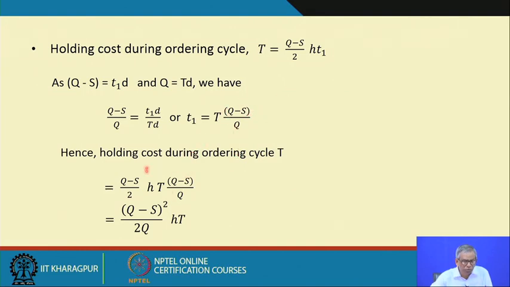Now you have the holding cost expression. Here, instead of writing T1, you substitute T1 with this expression. That means H into T, capital T, into (Q minus S) by Q. So ultimately you have this expression.